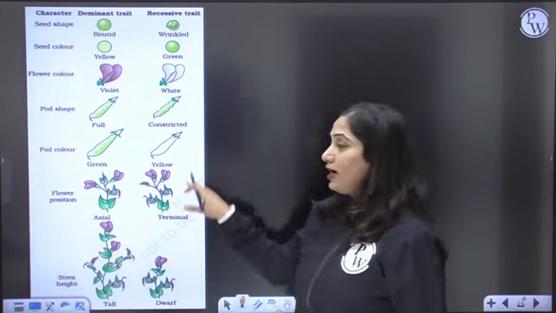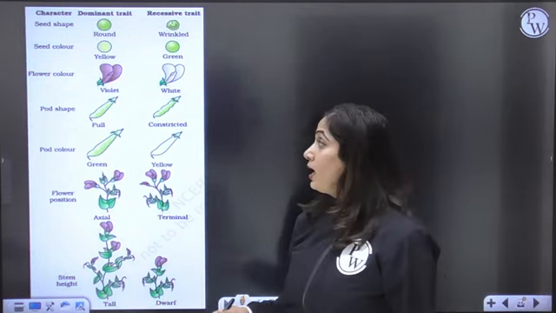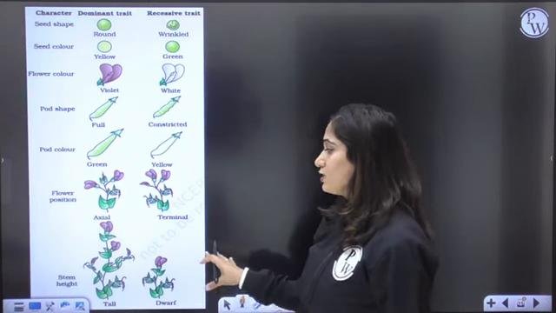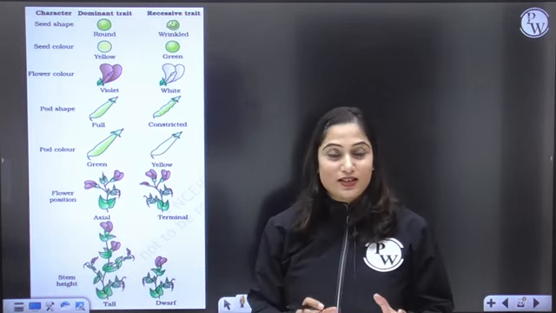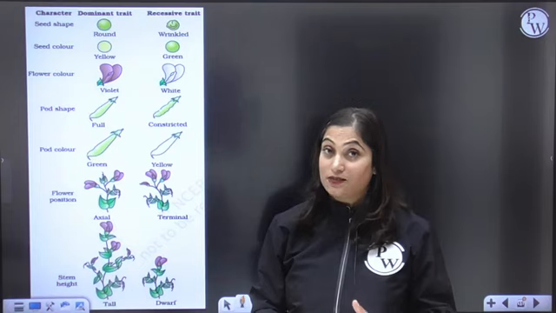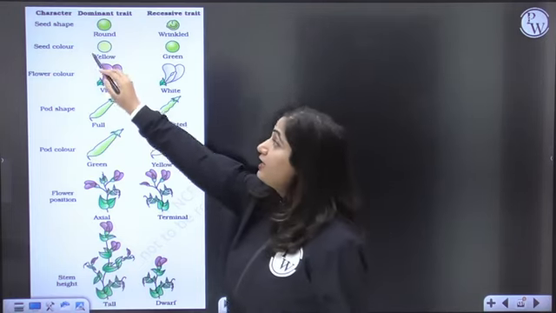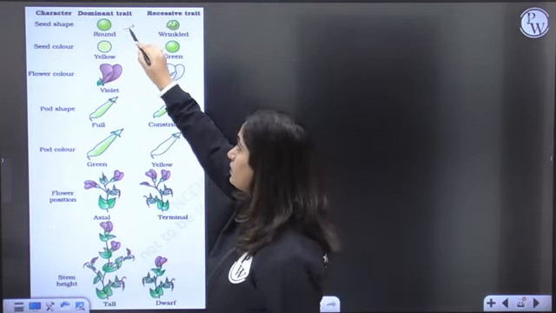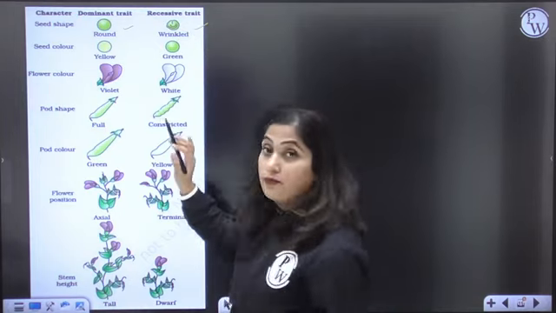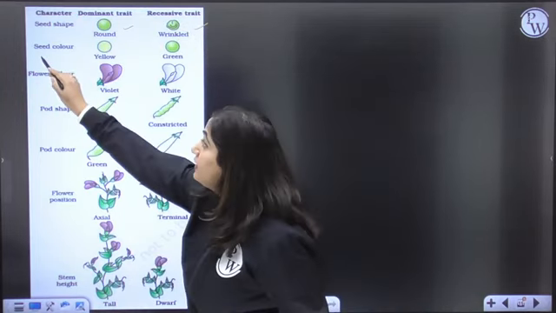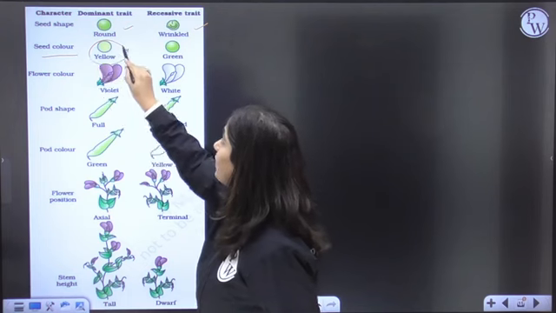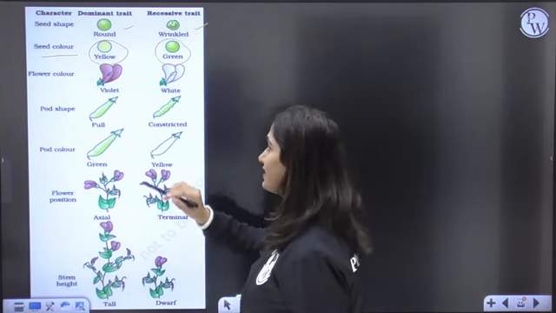Now, this is a chart given in NCERT. And what is important to learn in this chart is which trait is dominant and which trait is recessive. This is important. In case of seed shape, round shape is dominant, wrinkled is recessive. Learn with me. Seed color, yellow is dominant, green is recessive.